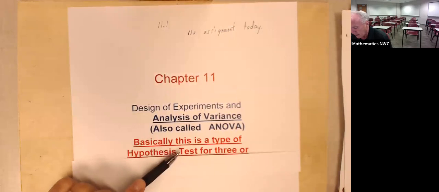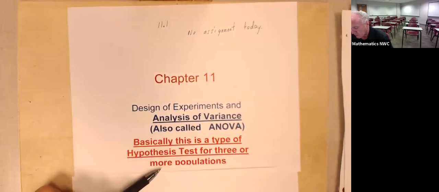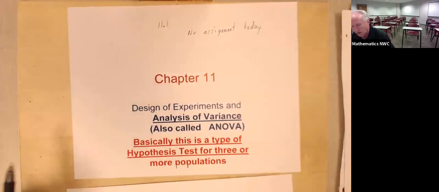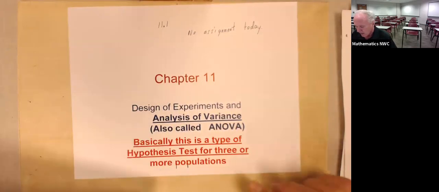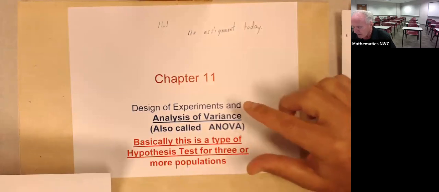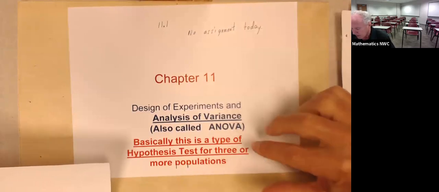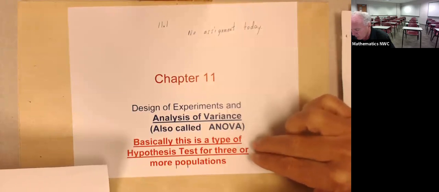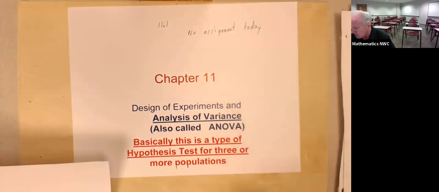Basically, this is a type of hypothesis test for 3 or more populations. So far, we've always been testing 2 populations, but an ANOVA is a type of test for 3 or more populations, okay?